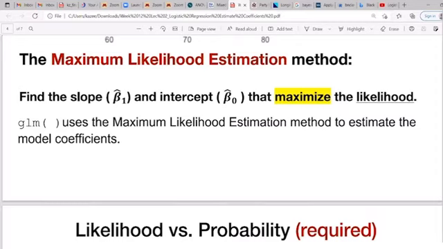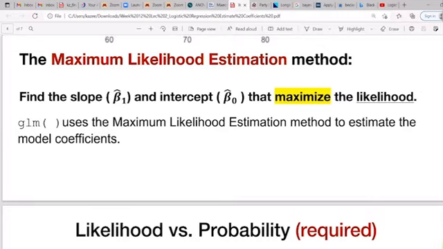But we're not interested in minimizing the residual sum of squares in a logistic regression model. What we're trying to do is maximize the likelihood. What do we mean by maximizing likelihood?